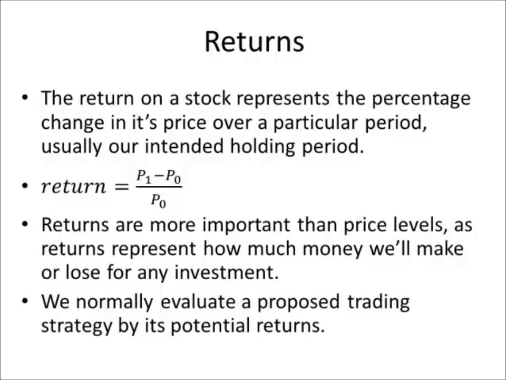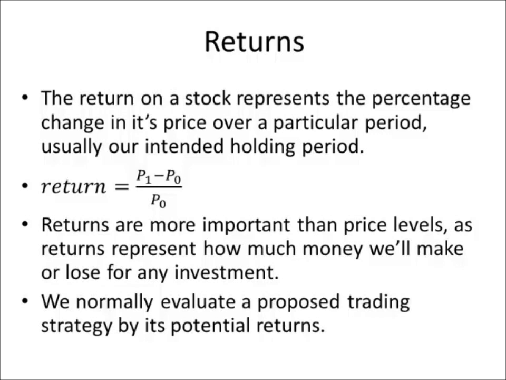So we can look at the return of a stock over a day, over a week, over a month, over a year. To calculate the return, we simply take P1, which is the current price, subtract P0, which is the previous price. So the distance between the two prices will depend on our holding period.